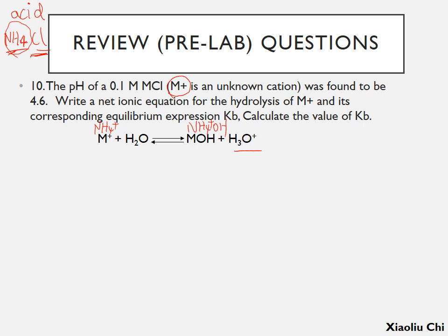And therefore, this equation gives you Ka, the acid constant, because it reacts with water, giving you more acid concentration. So the Ka is the products divided by reactants. In this case, it's the ammonium hydroxide and hydrogen ion divided by the ammonium cation concentration.